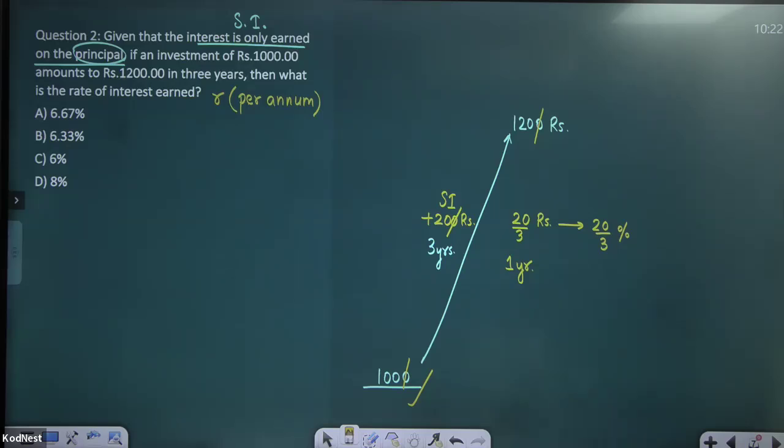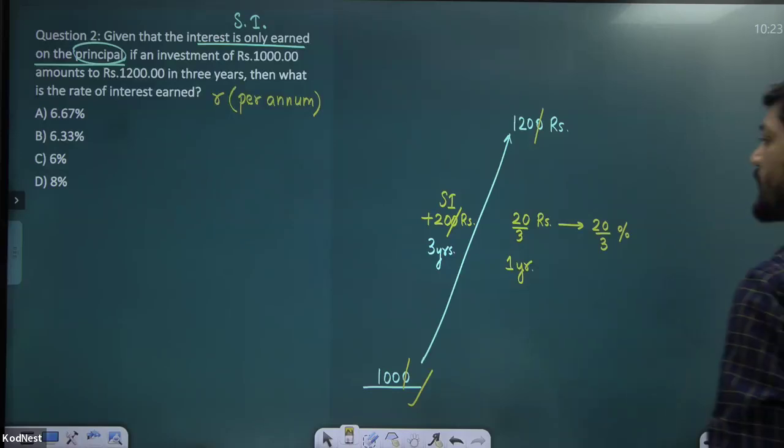First cancel the 0. In all the rupee values, principal, final balance, simple interest, cancel the 0. We are cancelling 0 so that principal becomes 100. And why do we want 100? Because we want percentage rate of interest. So once we get 100, after that, the next thing to think is that time should be 1 year.